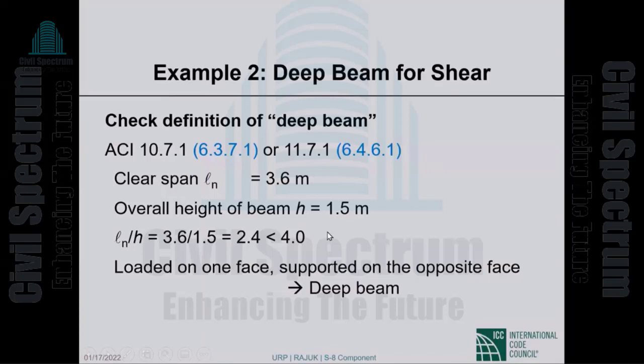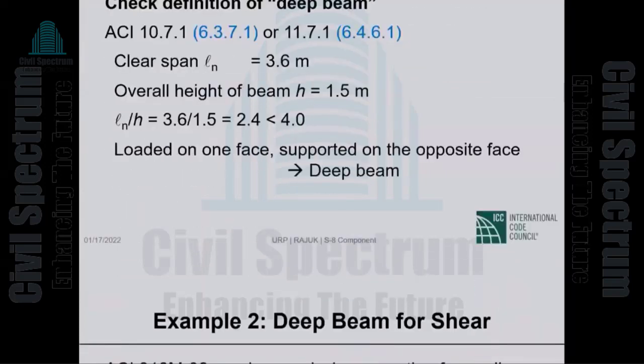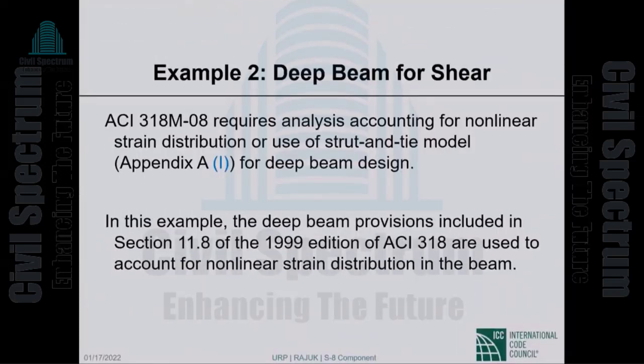The beam is loaded on one face and supported on the opposite face. So this is definitely a deep beam by the definition of ACI 318-08. ACI 318-08 requires analysis accounting for nonlinear strain distribution or use of strut-and-tie model for deep beam design.